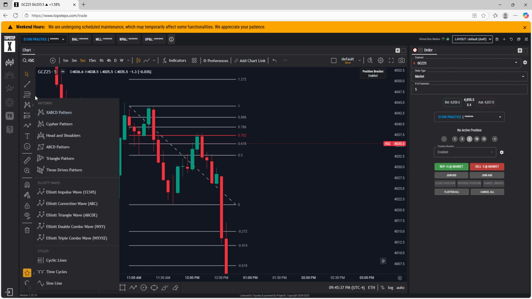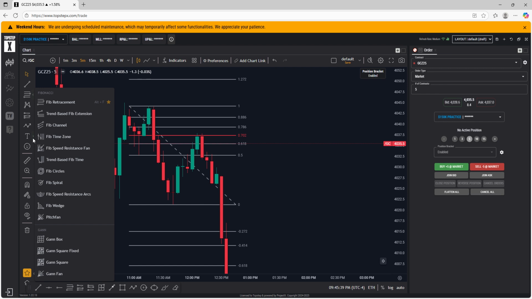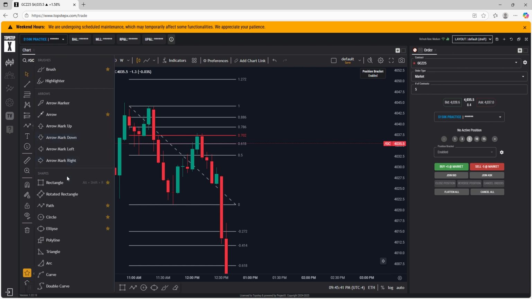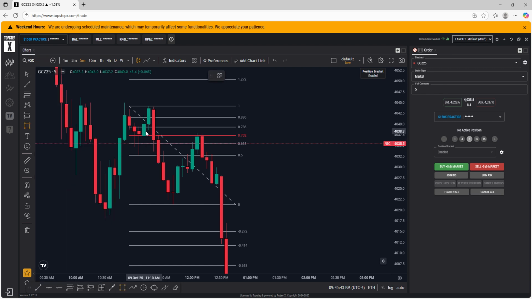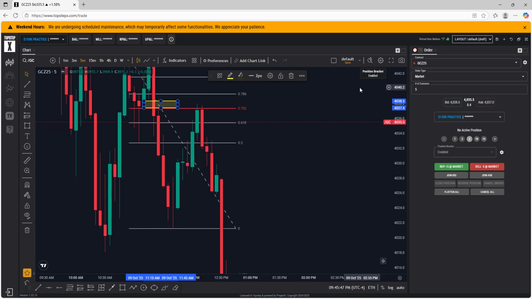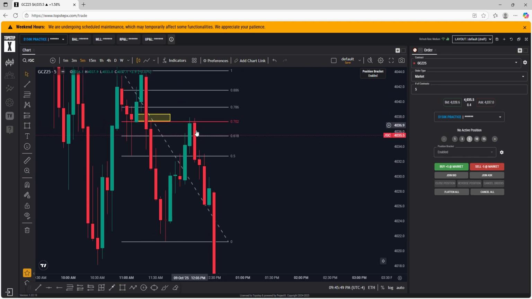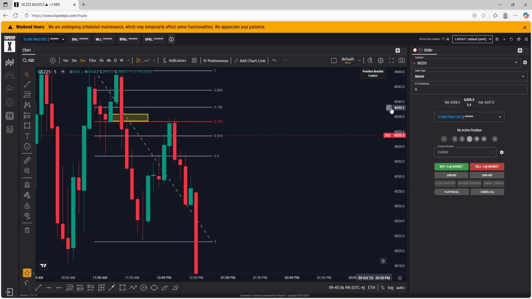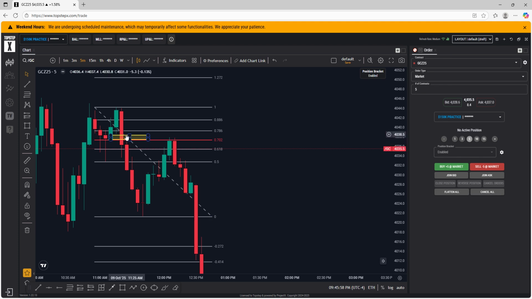Let's highlight this gap. A small gap right in there. And if you can actually see, price came to this gap, filled the gap, and reversed. This is what you want to see when you have your setup.